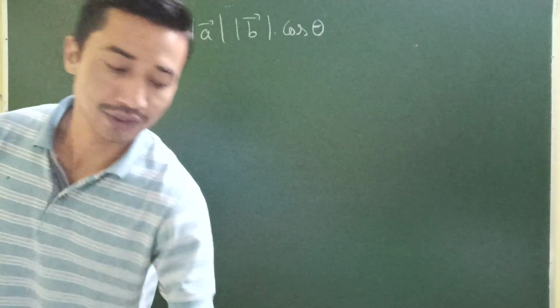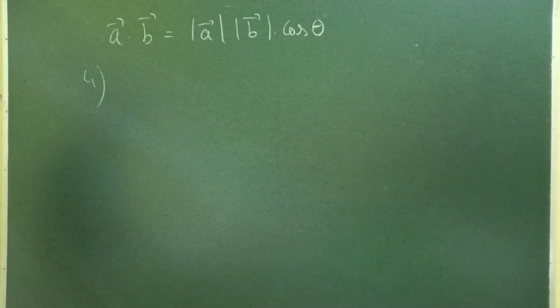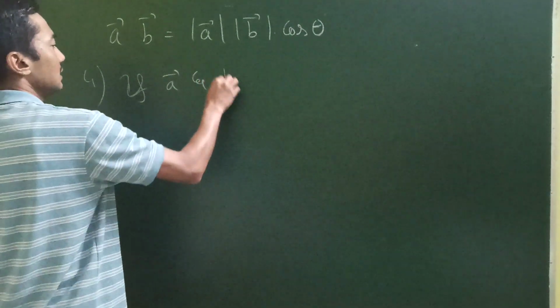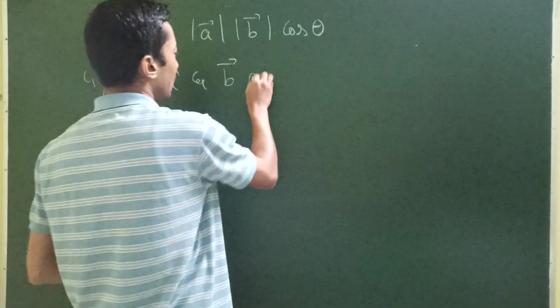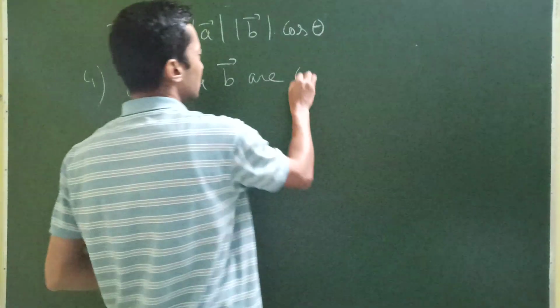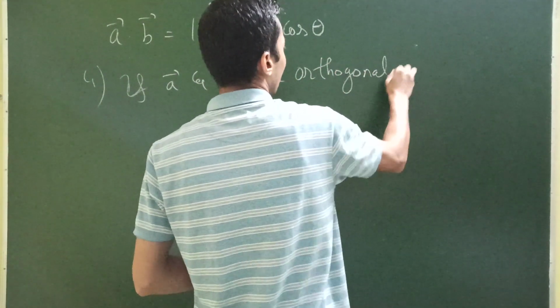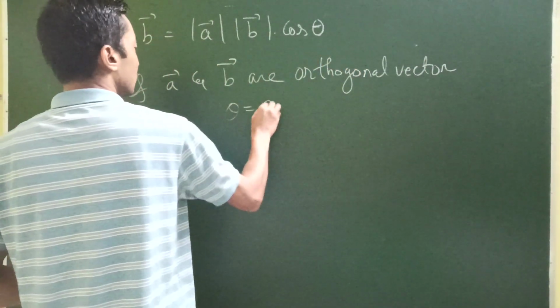The fourth condition, the fourth special case, is if vector A and vector B are orthogonal vectors or perpendicular vectors, that is theta is equal to 90 degrees.